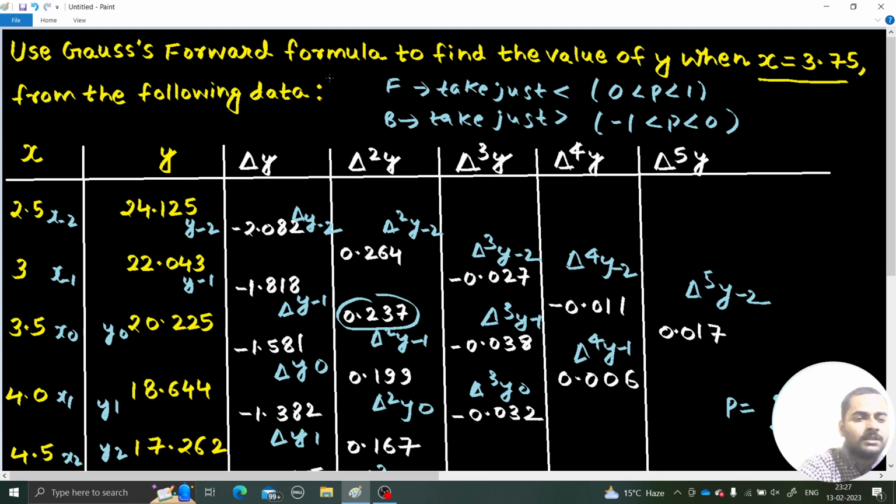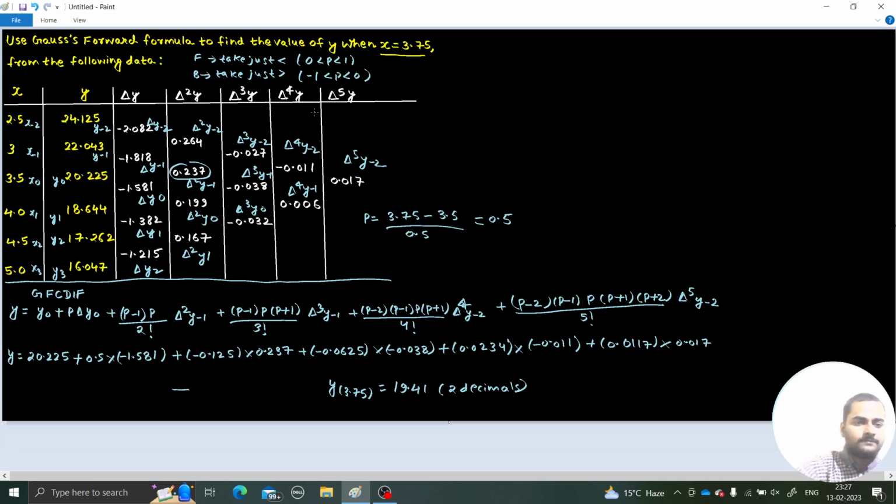Some special designs that you can see here: you took the y naught value, then you go on to y minus 1, then yes, in forward you go like this, down up.